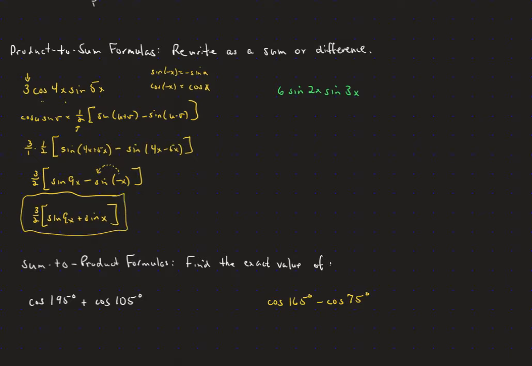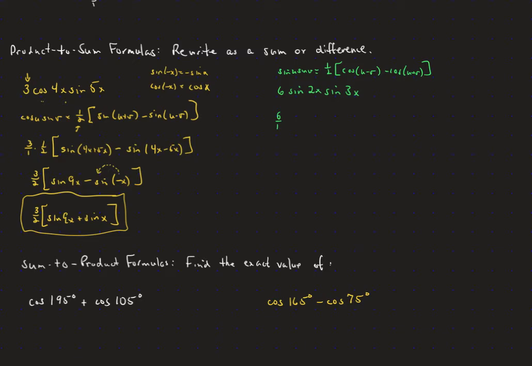Okay. Now the next one, we have again this 6. With this here we have a sine times a sine, and that looks like the very first formula. So in our formulas, we have the sine of u times the sine of v is 1/2 cosine of u minus v minus cosine of u plus v.